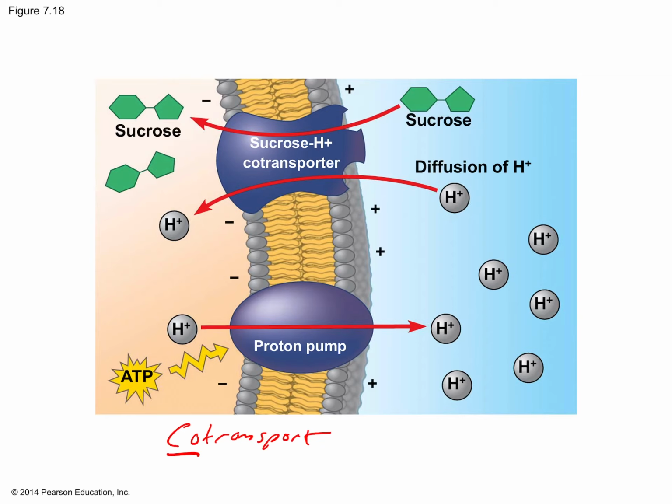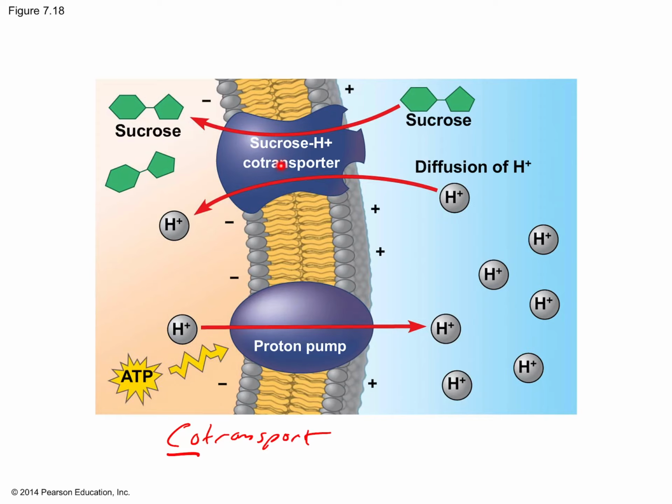But the plant wants to do this as efficiently as possible. So it takes advantage of the fact that the proton electrochemical gradient is already there. Now the plant is setting up this electrochemical gradient for a variety of different reasons, not just to transport sucrose, okay? So it's spending this ATP to set up this gradient for a wide variety of different reasons. It needs it for a lot of reasons, but it's there, so the plant takes advantage of it.